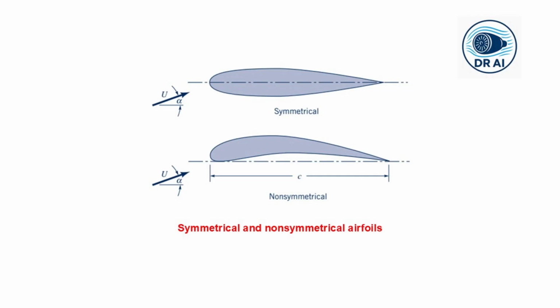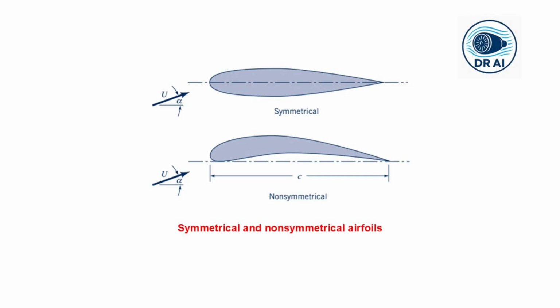The result is positive lift even when the chord line is parallel to the flow. So for such an airfoil, there will be some negative angle of attack, some nose-down orientation, where the lift becomes zero. At that angle, the integrated pressure forces on the upper and lower surfaces, though different in distribution, produce equal and opposite vertical components.